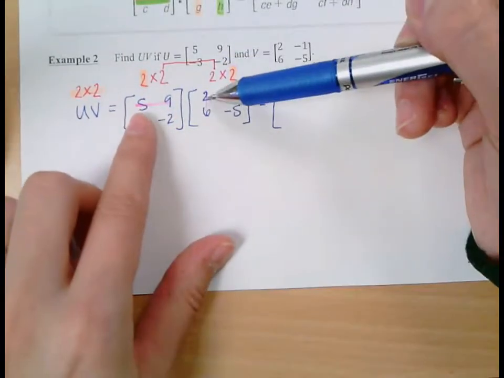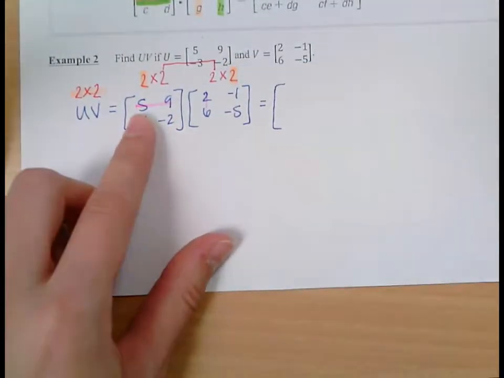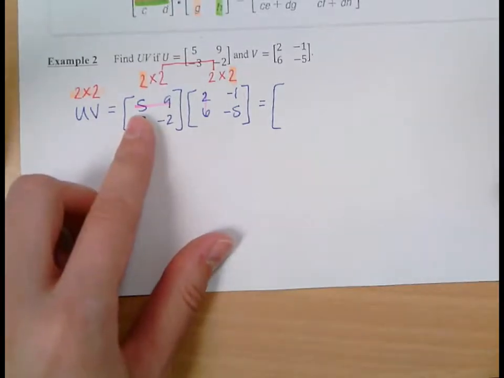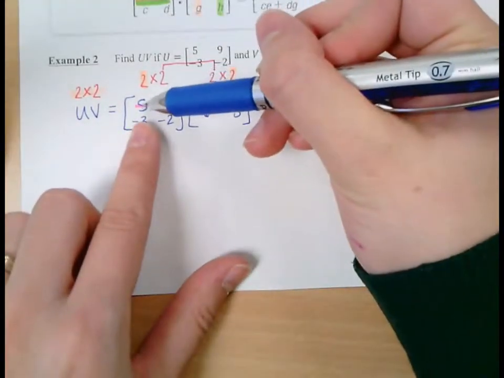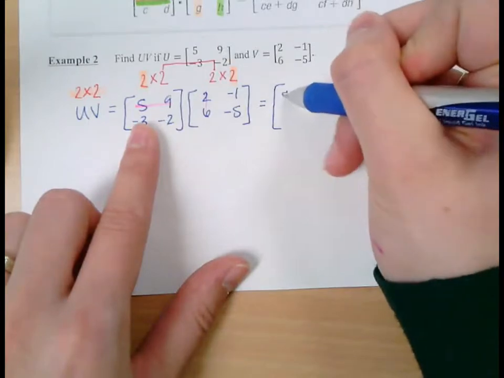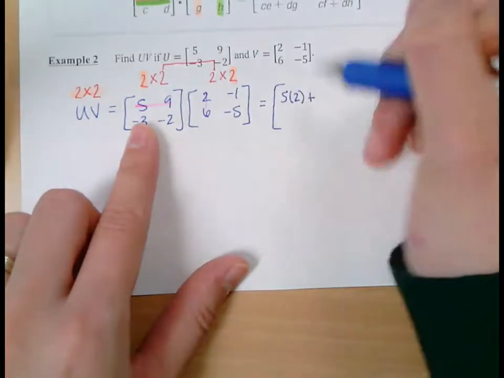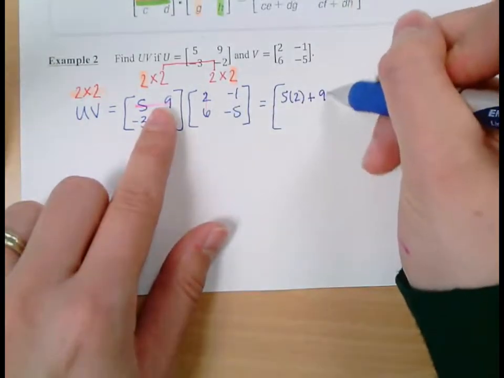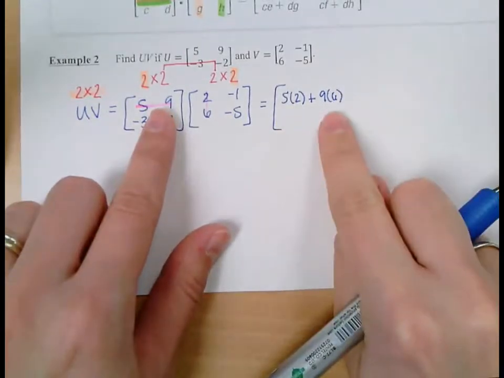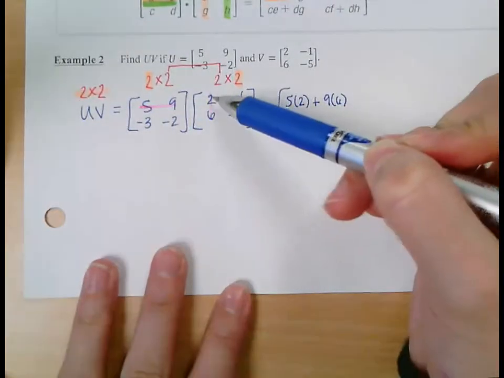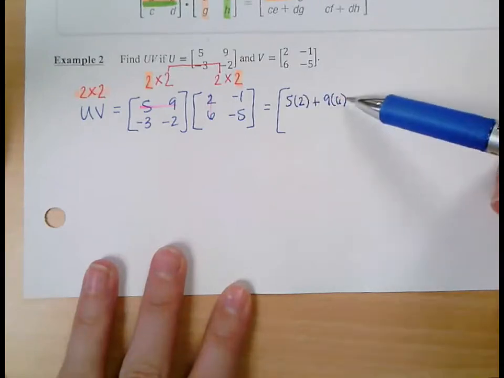So I would have 5 times 2. I'm actually going to write this full thing out for this first example so you see where everything is coming from. So I have 5 times 2 plus 9 times 6. And that whole expression goes in row 1, column 1 of my answer.